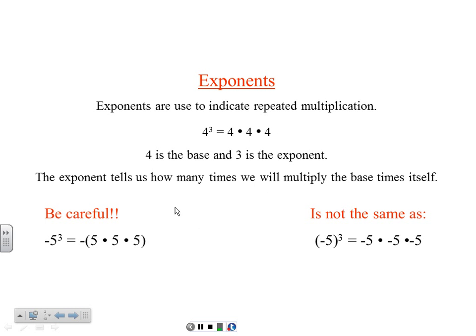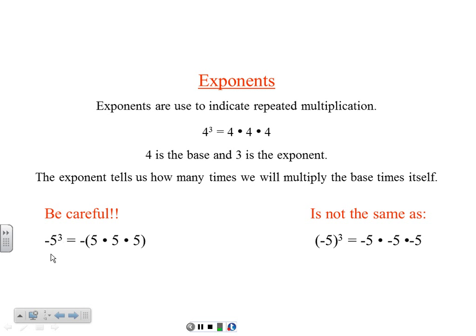I want you to be careful with this scenario down here. And again, we talked a little bit about it in Chapter 1, but we're going to talk about it again here. So be very careful. If you have a power that looks like this, negative 5 to the third power, you need to understand that that negative symbol has nothing to do with the third power.